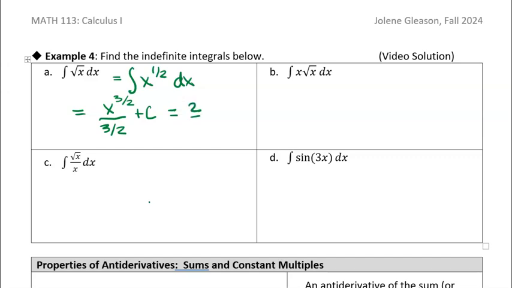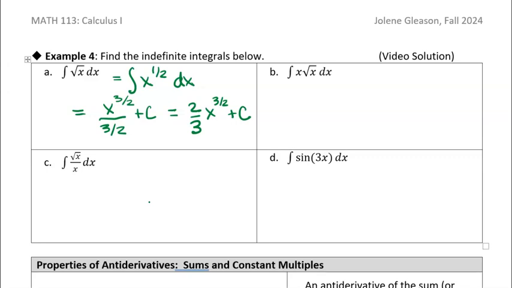The reciprocal of 3/2 is 2/3. 2/3 x to the 3/2 plus c. Okay? All right, so I want you to do that for me. When you divide by a fraction, just multiply by the reciprocal, okay? That's much nicer. 2/3 x to the 3/2 plus c.